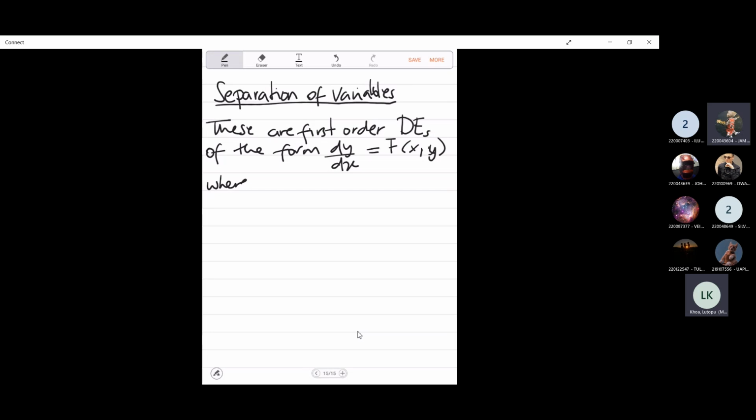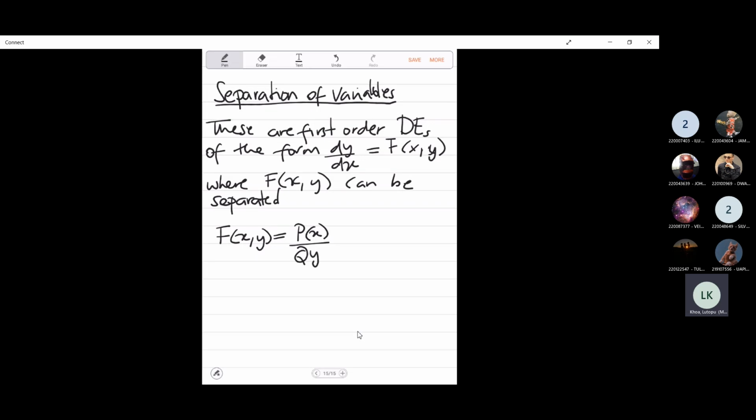where this function f of x y can be separated, either by division or some other manipulation. So you have, for example, f of x y is equal to p of x over q of y.